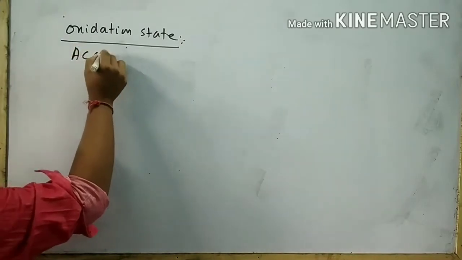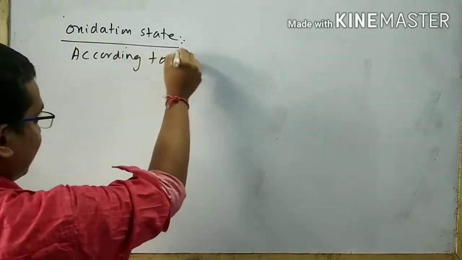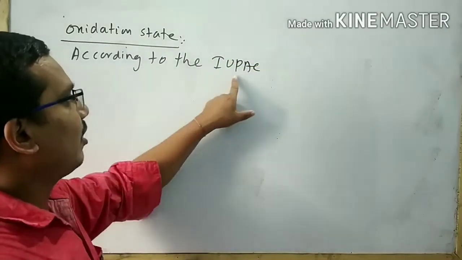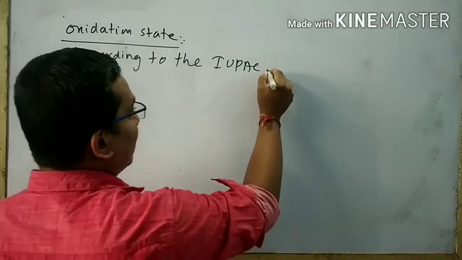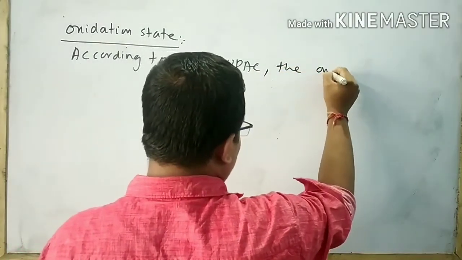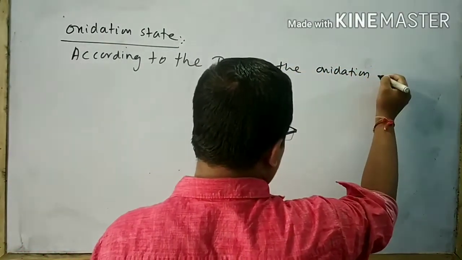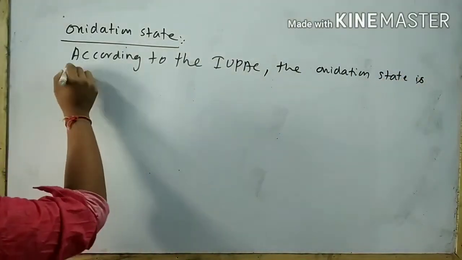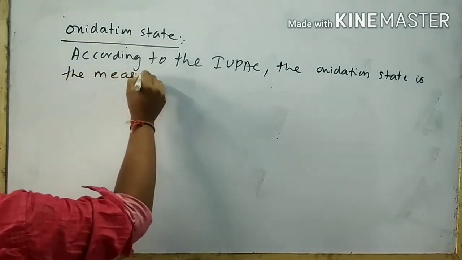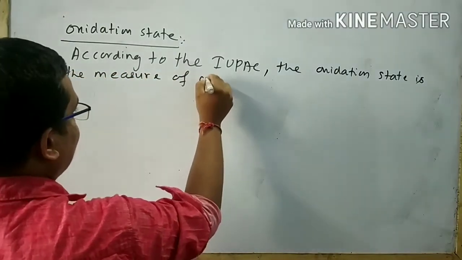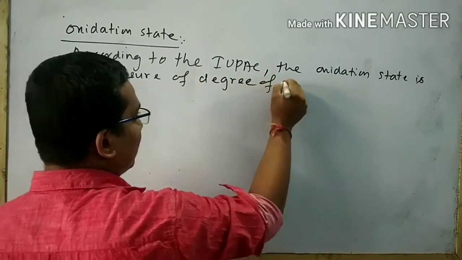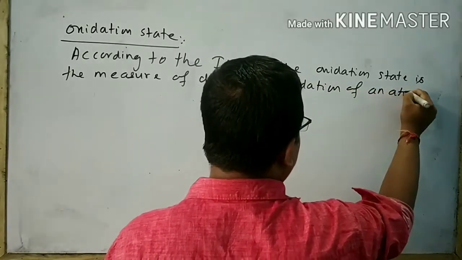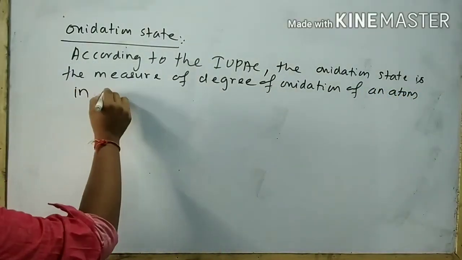According to the IUPAC, which means International Union of Pure and Applied Chemistry, the oxidation state is the measure of degree of oxidation of an atom in a substance.